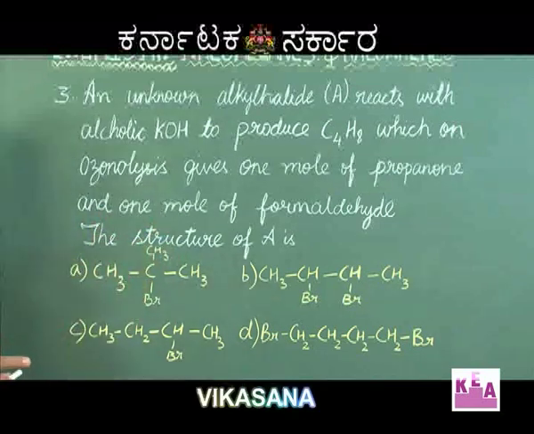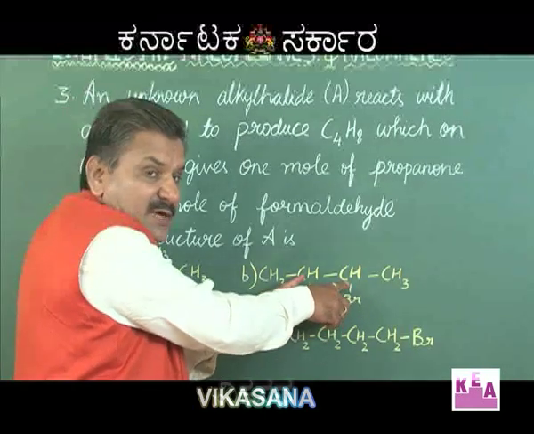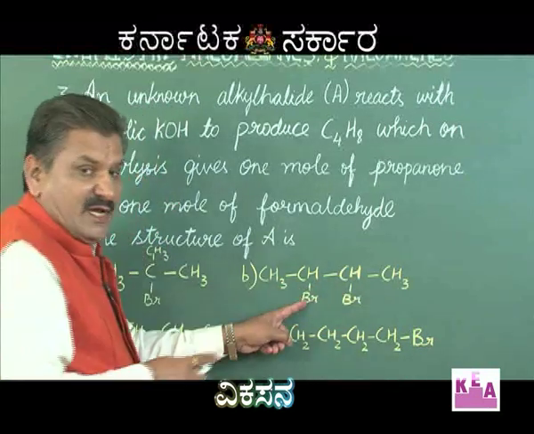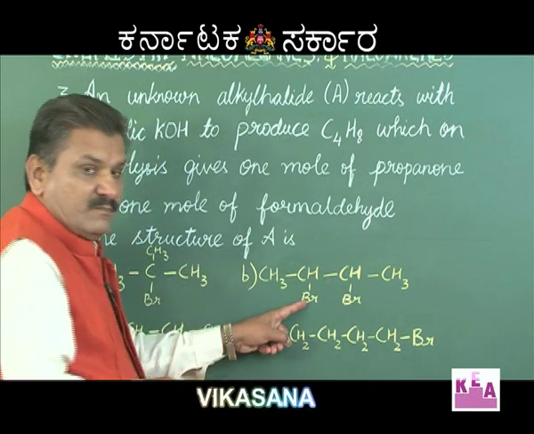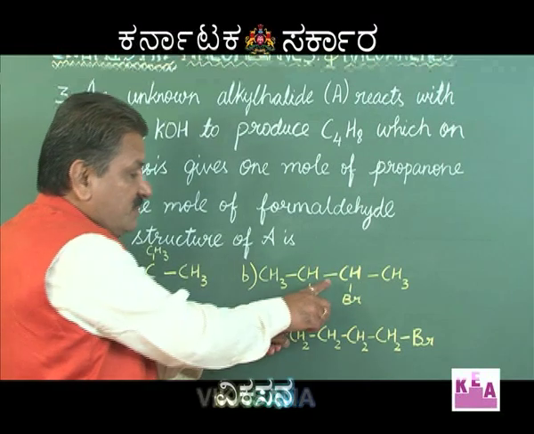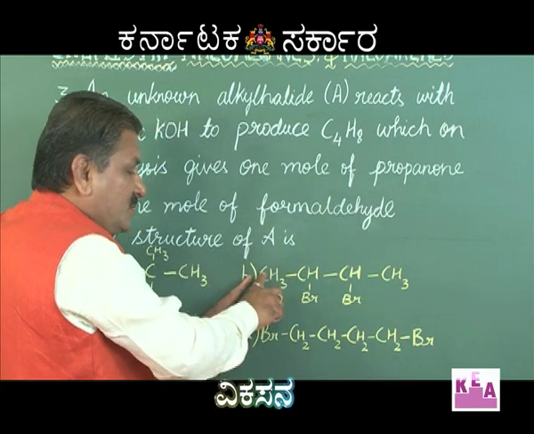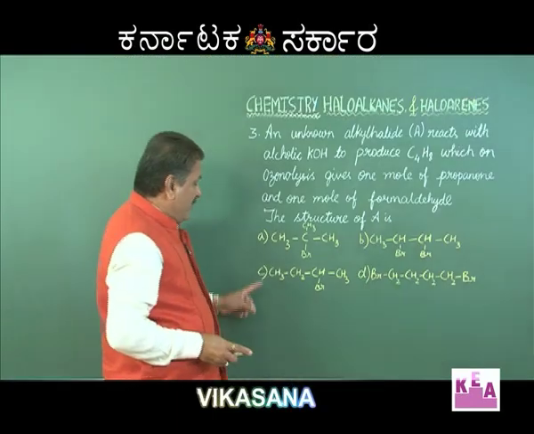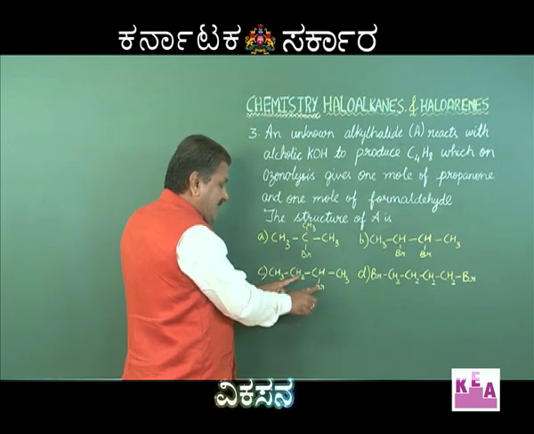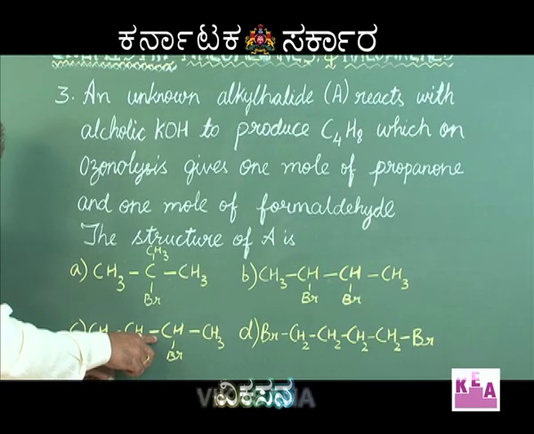If you come to option B, suppose this is heated with alcoholic KOH, this H and this Br get eliminated, it forms an alkene, and this H and this Br again get eliminated, this forms an alkyne, but here we have an alkene. So, option B is not suitable. When you come to option C, when this H and this Br get eliminated, we get butene here.